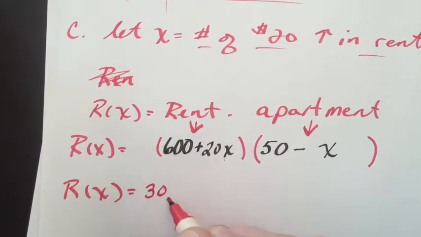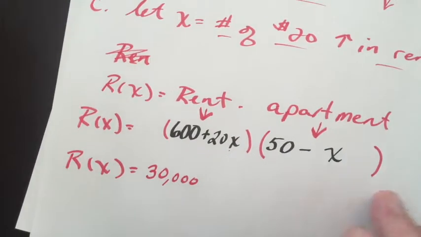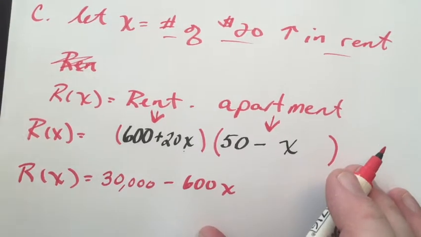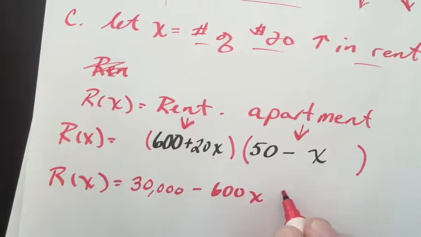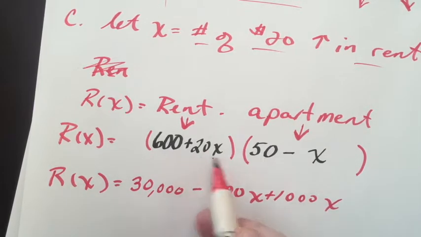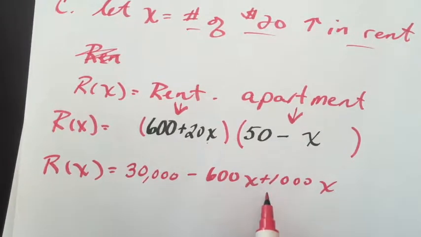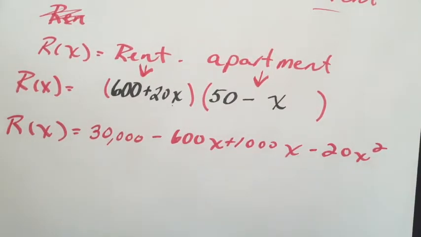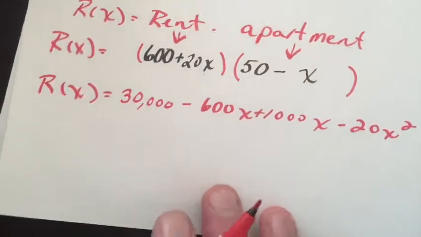So 30,000, first times first, outside minus 600x, inside plus 1,000x, right? 2 times 5 is 10, plus 2 more zeros, so positive 1,000x. And at the end, last times last, minus 20x squared. So we foiled it. Now we can combine like terms and simplify.